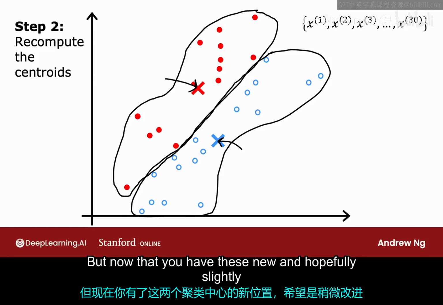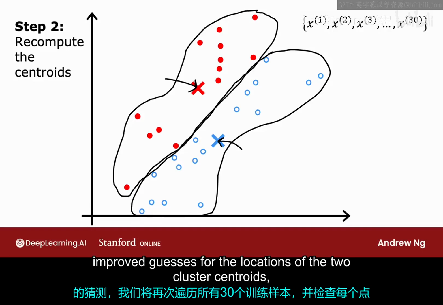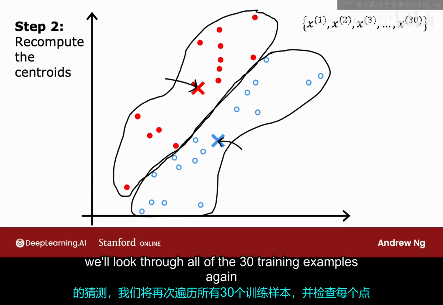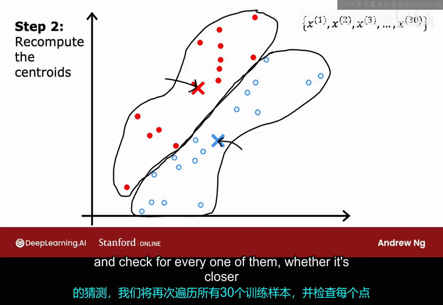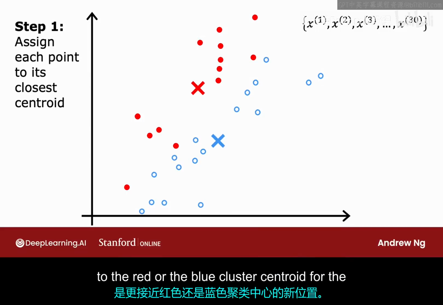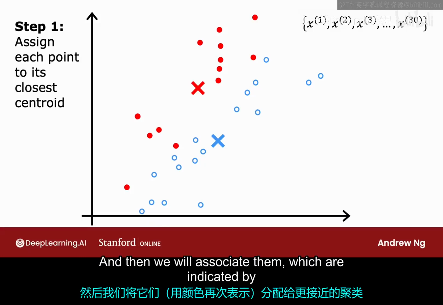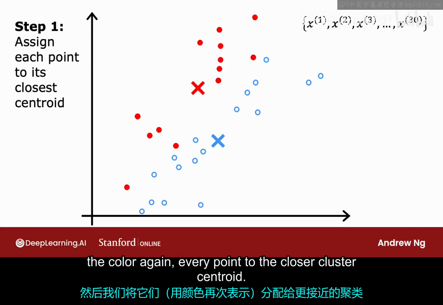But now that you have these new and hopefully slightly improved guesses for the locations of the 2 cluster centroids, we'll look through all of the 30 training examples again and check for every one of them whether it's closer to the red or the blue cluster centroid at the new locations, and then we will associate every point to the closer cluster centroid, which I indicate by the color again.